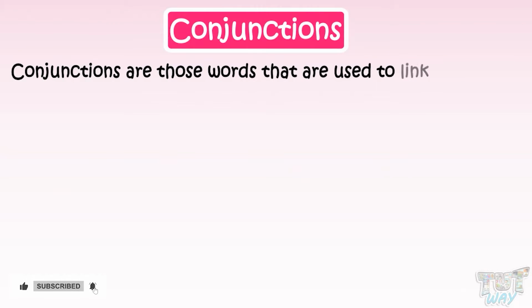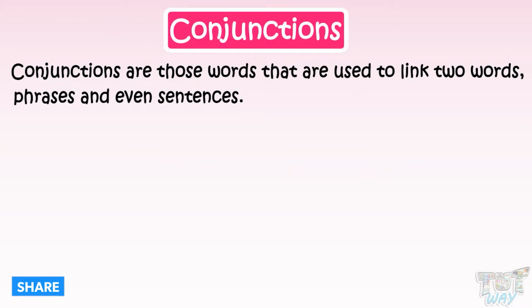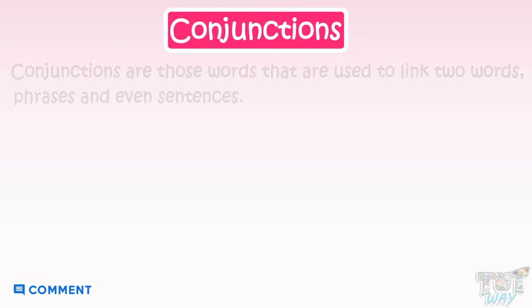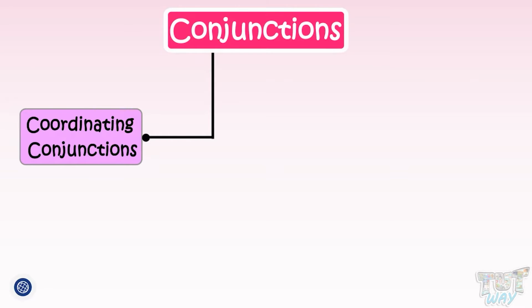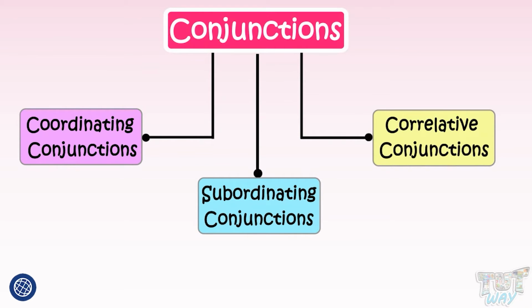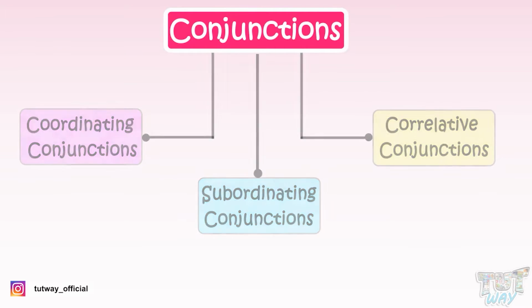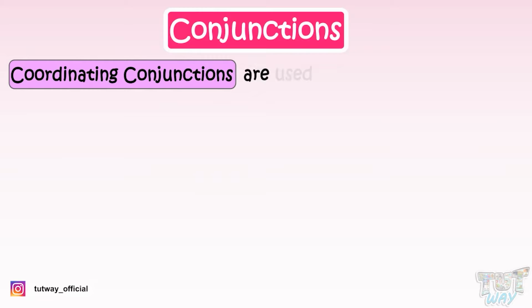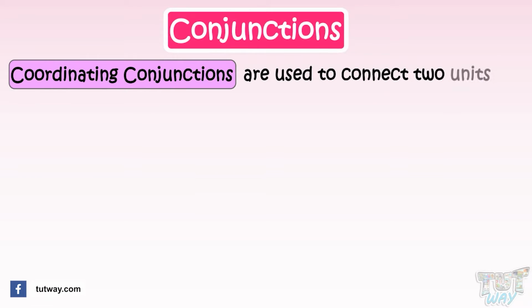Conjunctions are those words that are used to link two words, phrases, and even sentences. We have learned that conjunctions are of three types: coordinating conjunctions, subordinating conjunctions, and correlative conjunctions. Coordinating conjunctions are used to connect two units of equal importance.